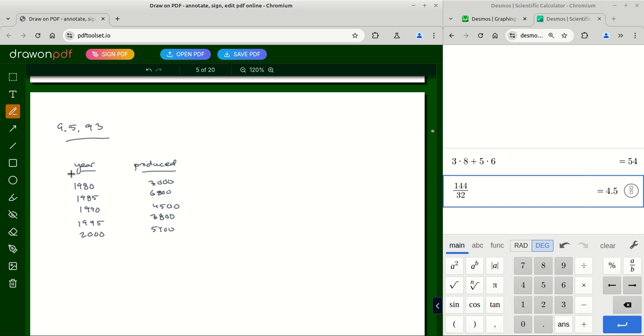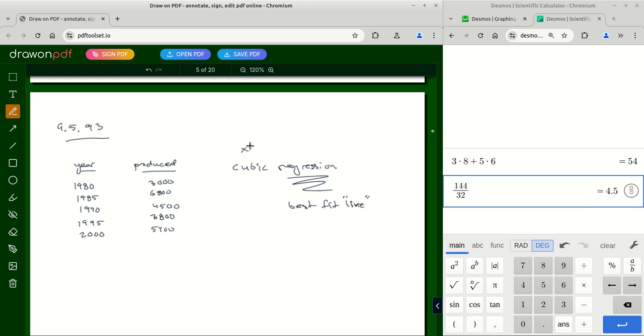So we have all this data, and each year, I think it's limousines or something, these are the amount of limousines produced. And it says they want a cubic regression model. Cubic regression, okay? The regression part means best fit line, and the line could be a squirrely line.